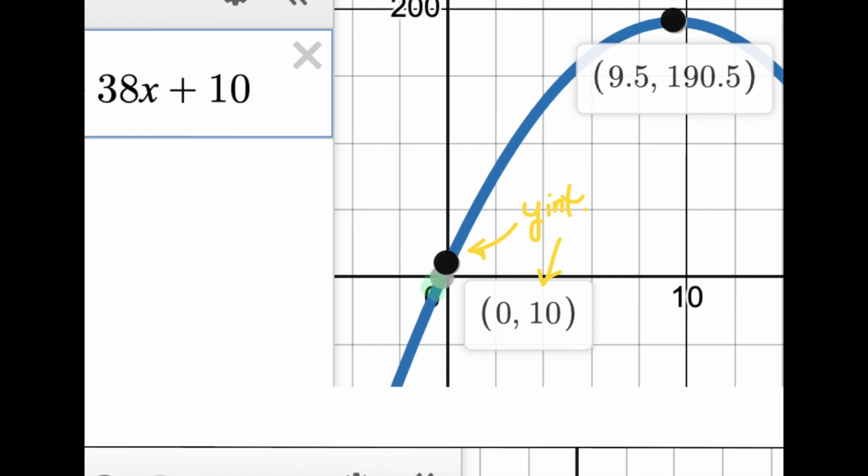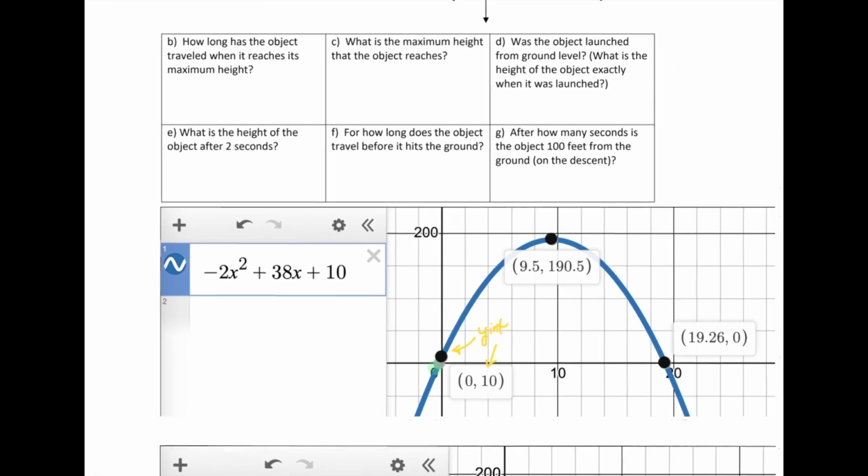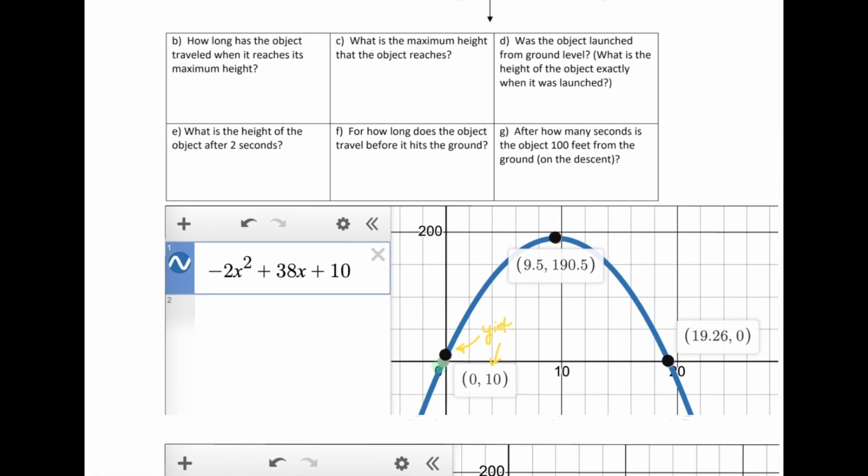This negative x-intercept over here, you don't need to worry about, because your x value in this problem, as we said, is time, and we're not going to ask you questions, at least at this level, about negative time values, and so we only care about the positive values. So for now, we care about this y-intercept, this x-intercept that's positive, and the maximum value.